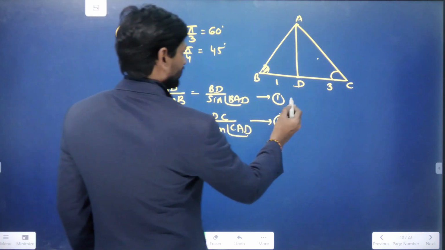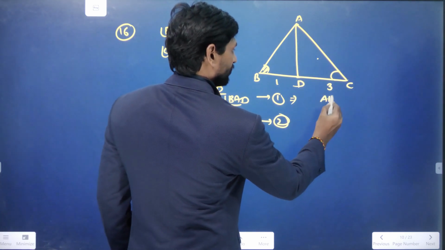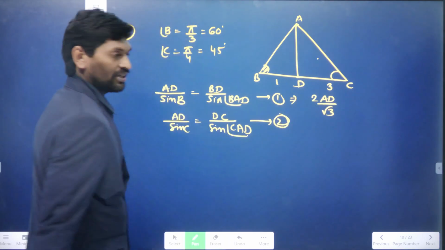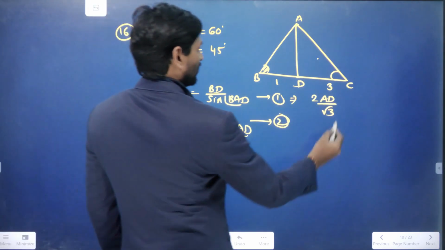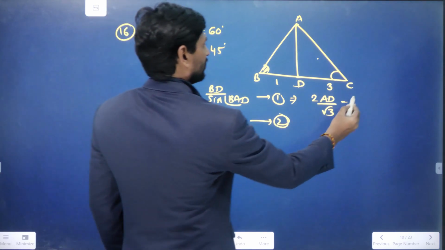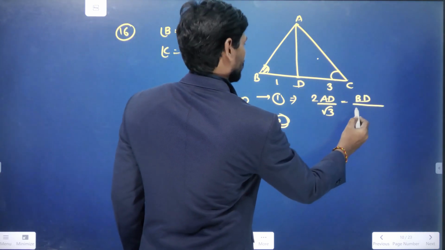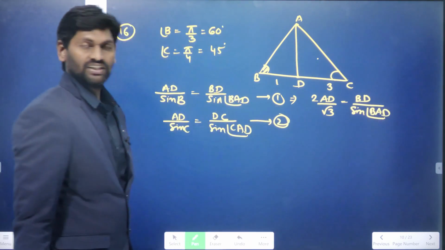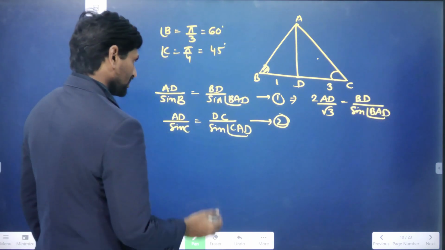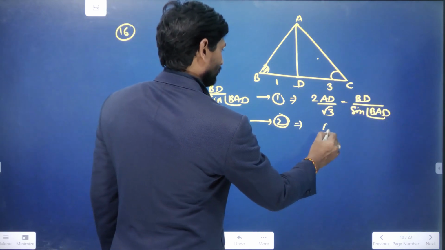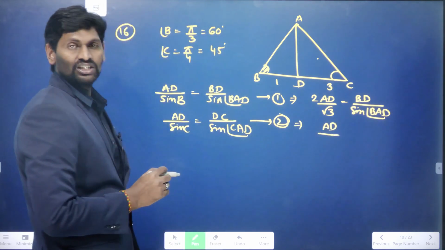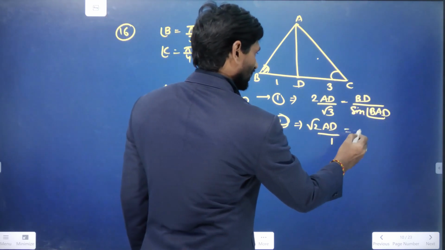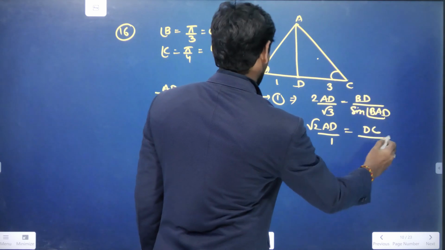I am substituting here: AD by root 3 by 2, and 2 I can take to the numerator, 2 AD by root 3, equals BD by sin BAD. That is from the first equation. From the second equation, I can write AD by sin C, where C is 45 degrees, sin 45 is 1 by root 2, so root 2 AD equals DC by sin CAD.